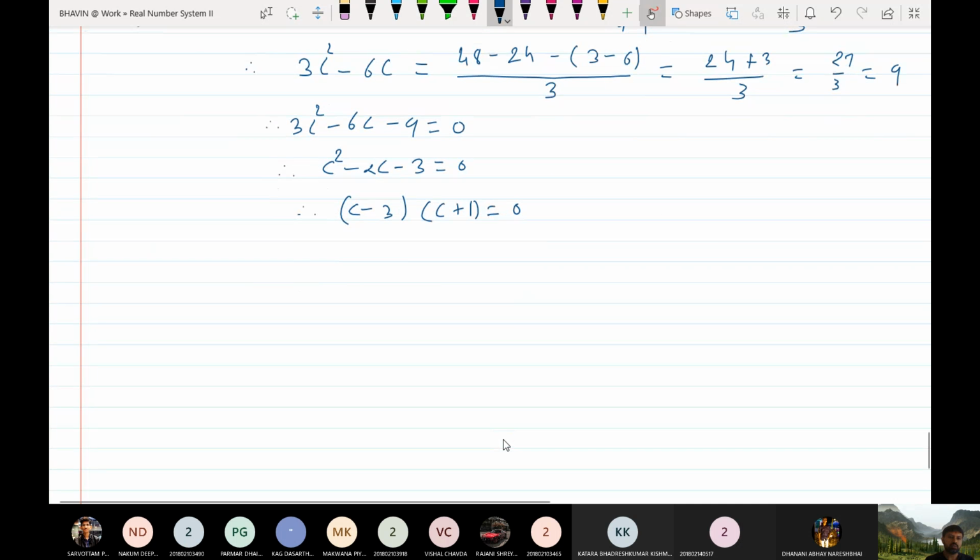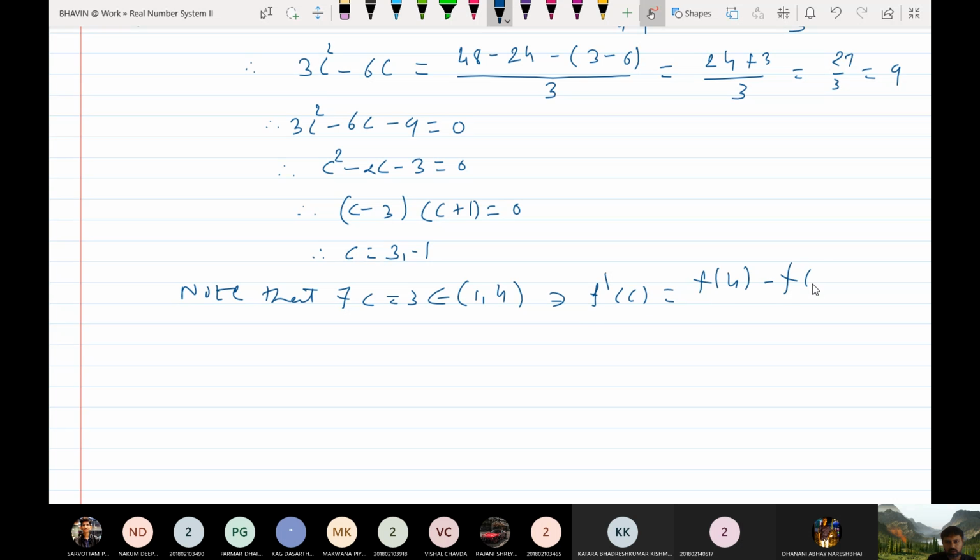So what are the values of c? c equal to 3 and minus 1. Note that there exists c equal to 3 which is between 1 to 4 such that f dash c equal to f4 minus f1 upon 4 minus 1. यहाँ पे मुझे c निकलना चाहिए, c मिलना चाहिए, then only Lagrange's mean value theorem is verified.